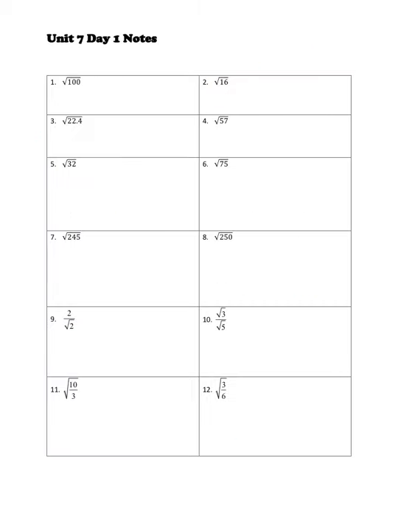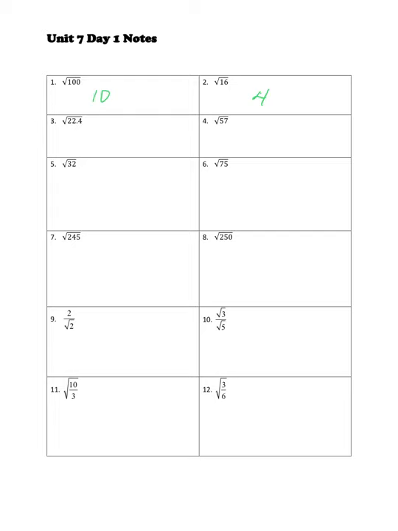Now on this last page, it is straight practice, but I'm going to go ahead and do them. If you want to stop the recording now and just do the work on your own, go for it. All right, this is a memorizing. Square root of 100 is 10. The square root of 16, well, that's 4. Those are on the chart on the first page, and you should know these by now.